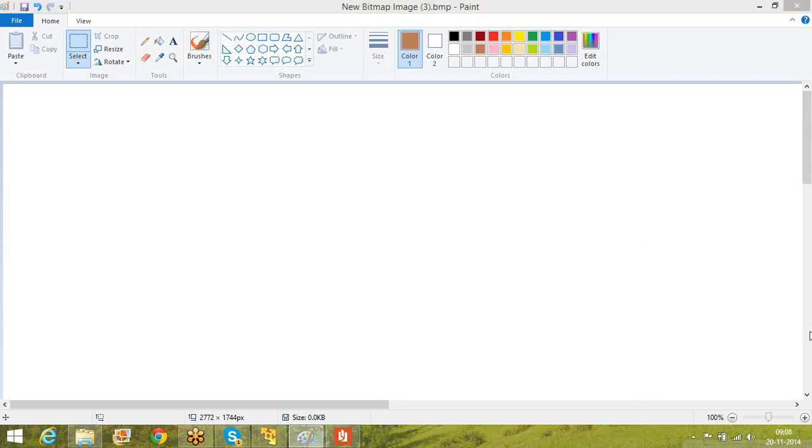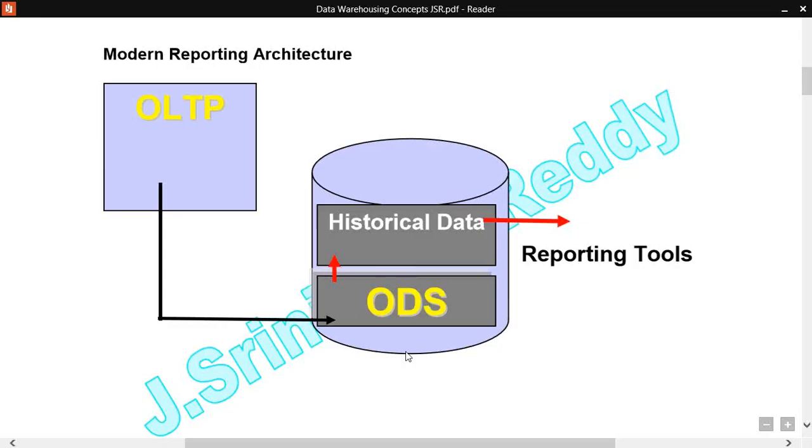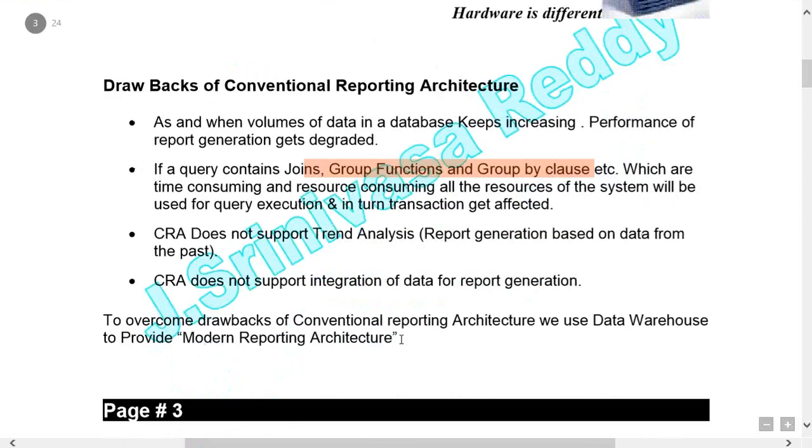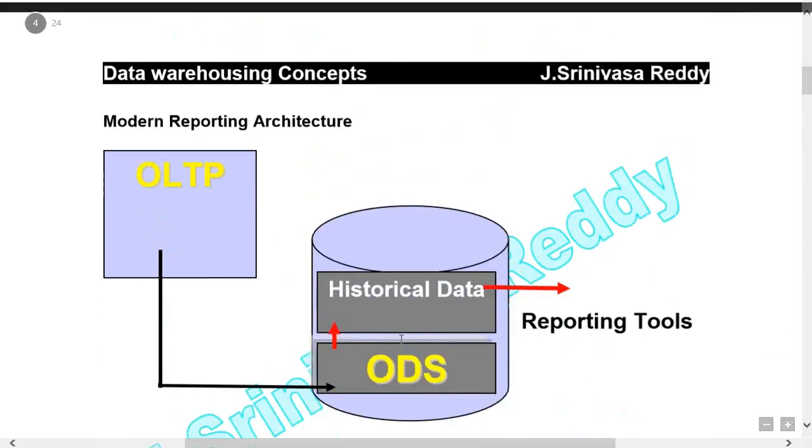If you use the same mechanism for your analytical reports, that is what is known as conventional reporting architecture. There are several drawbacks in it, that's why we come up with modern reporting architecture. Nowadays, the entire data warehousing process, reporting and business intelligence solution is made up with this modern reporting architecture.